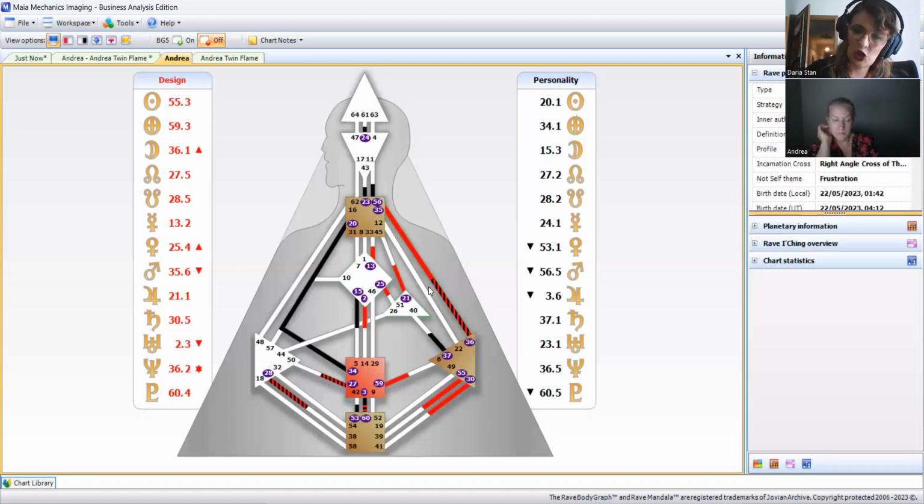And the open ego, it's literally an open heart, an open ego. But the problem with it is that you are trying to prove yourself. It might look like self-sabotage, might look a bit like imposter syndrome. So it might look like not trusting in your own value.